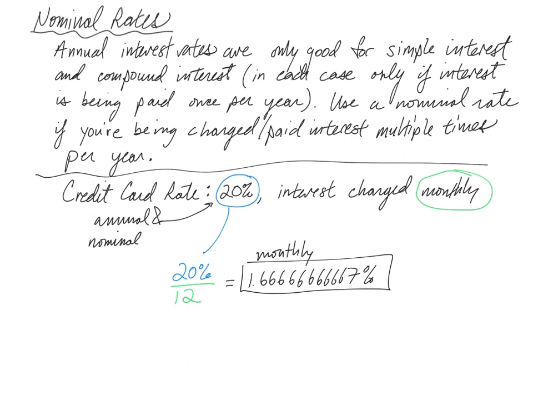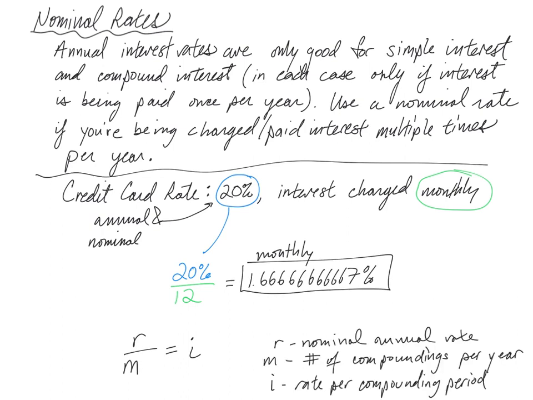Well, we have to take R, the interest rate, and divide it by M, which is the number of compoundings, and that will give us I, the interest rate per compounding period. So here are all of the variables defined in this equation.